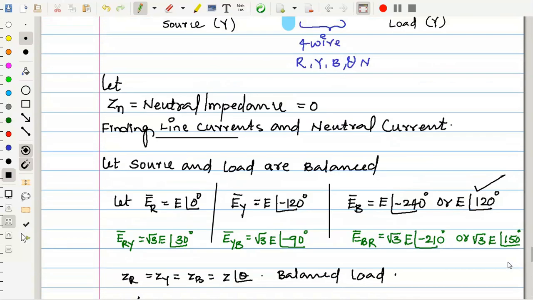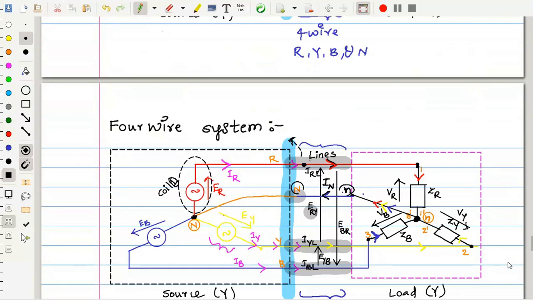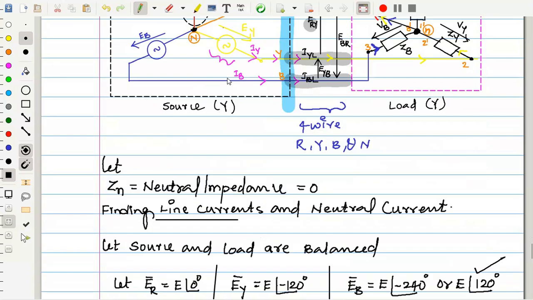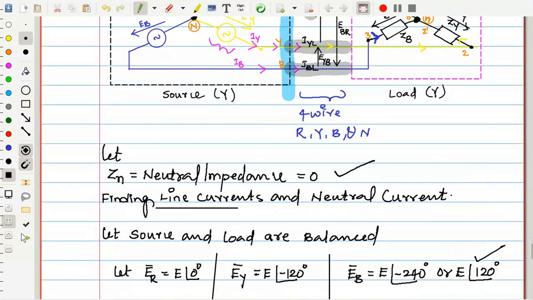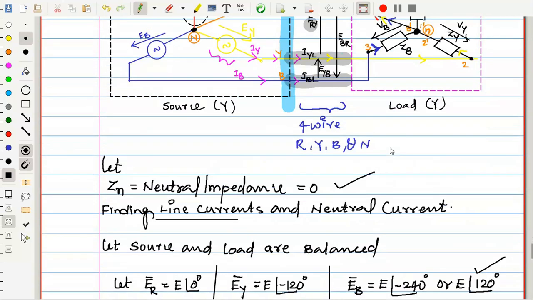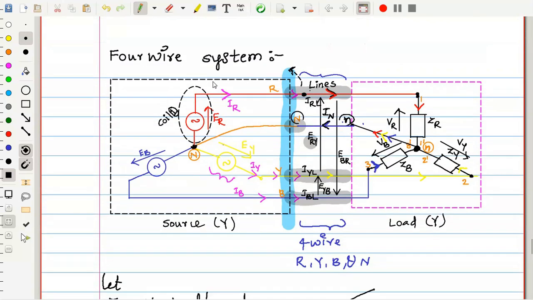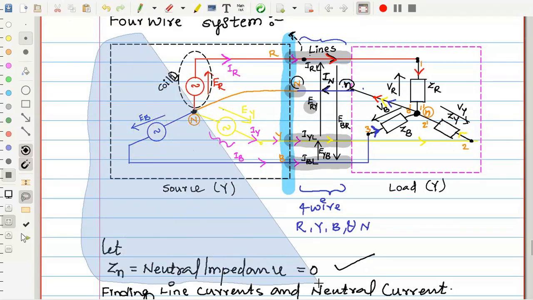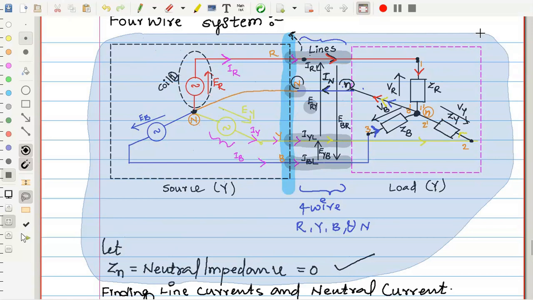So now I would like to give one simple task. The task is in this way. The same diagram, four wire system, but with a little modification. Here, this four wire system does not have any impedance. Try to observe that. Neutral impedance is 0. Now, what I want to do is the same four wire system. Let me copy up to this. But now neutral impedance is not 0.